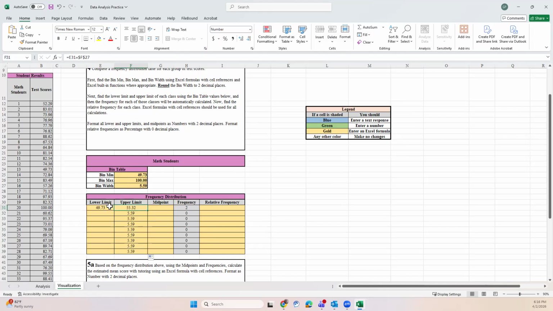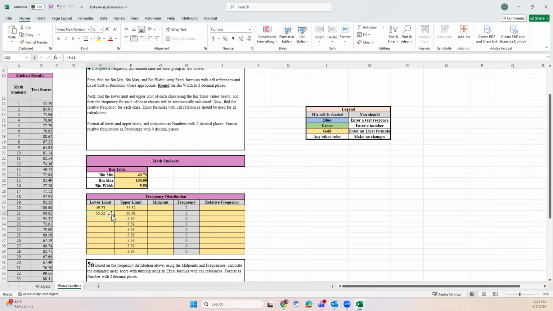I don't want to copy that one down because it's going to change each step. So what I do want is the new lower limit to be equal to the upper limit. So I'm going to use the equal, click on this upper limit, hit enter. That's a good one. And you'll notice it automatically corrected this.